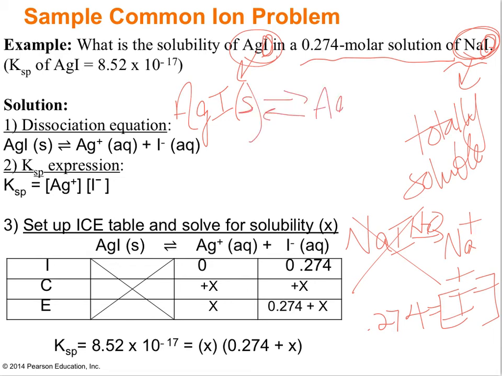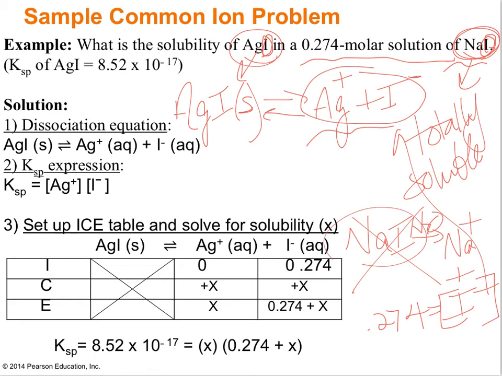It's going to dissociate the one part of it that does dissolve into its cation and anion, and we're going to set up an ice table to figure out how much of these we have. But in the back of your mind, you're going to realize, wait a minute, less of this is going to form because I've already loaded the solution up with iodide from the sodium iodide. So let's see how we handle that in an ice table.